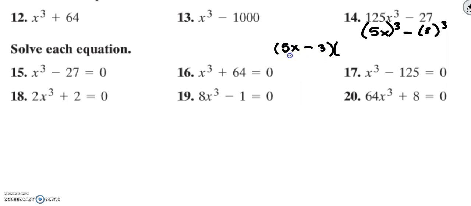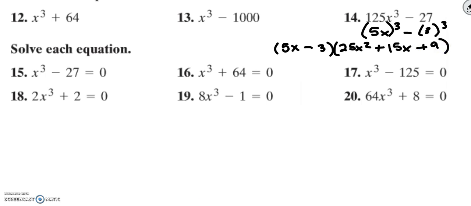So 5x times 5x is 25x squared. Then we take the opposite sign, so that's going to be plus. We multiply the two terms together, so 5x times 3, and that is going to give you 15x. And then we square the last term, so that will give you plus 9. And that would be your answer.